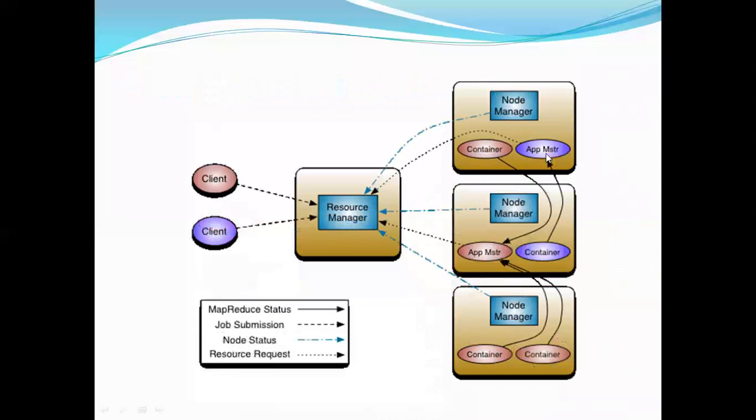And for each application, we have an application master per job. This application master is controlling these containers. This application master contains 3 containers, here one container is running, here one, here one. So that's it. The application master is connected to the resource manager. It gets the containers from there.